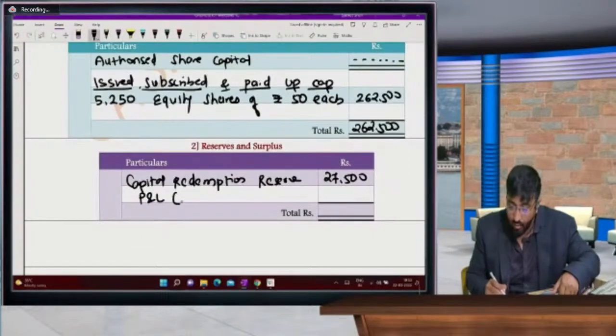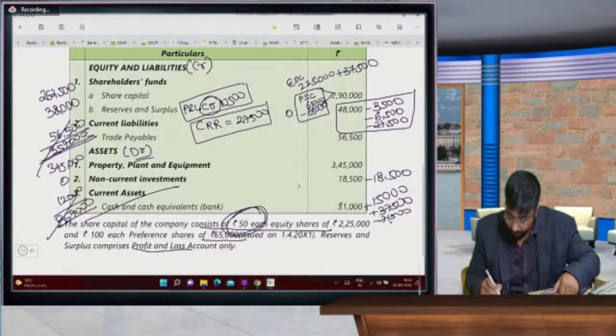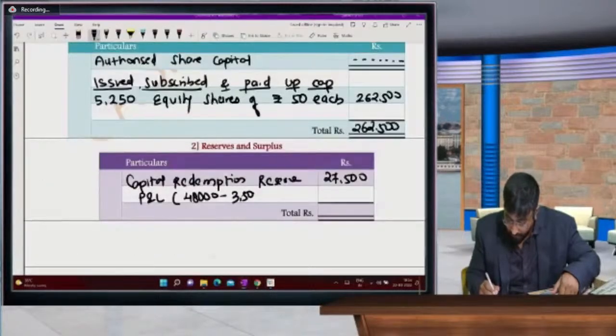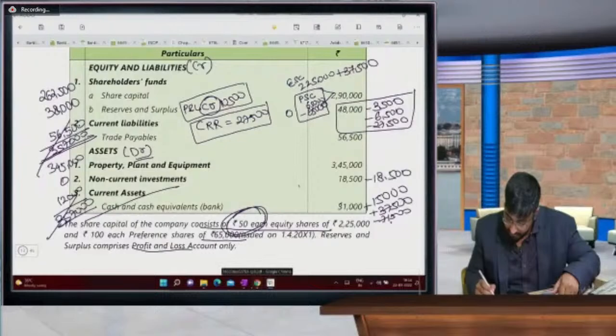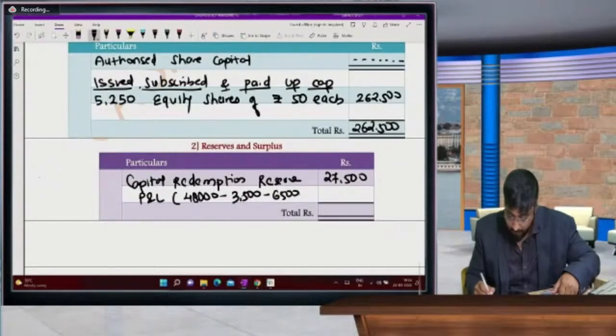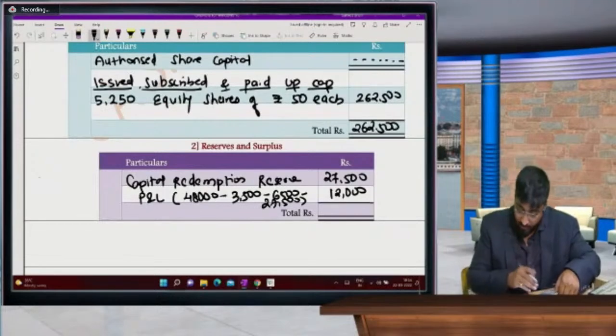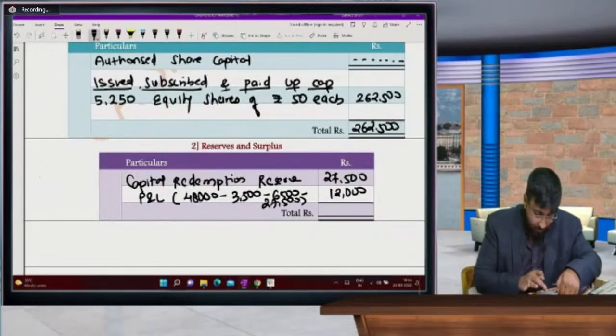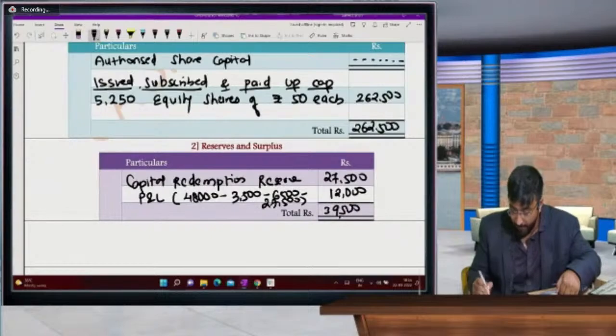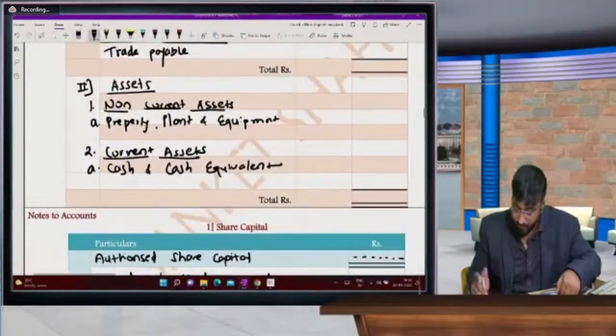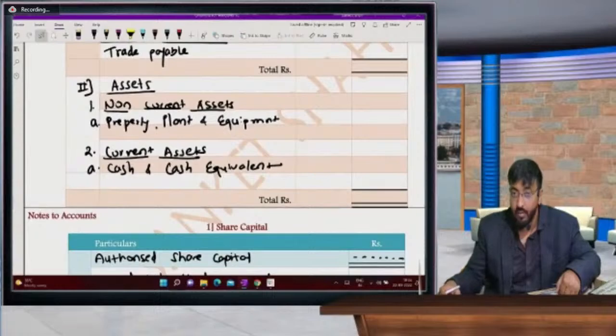And P&L account, you can show the 48,000 minus 3,500 minus 6,500 minus 27,500. 12,000. 39,500.